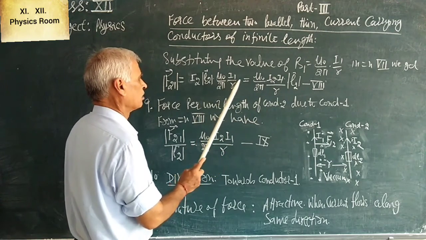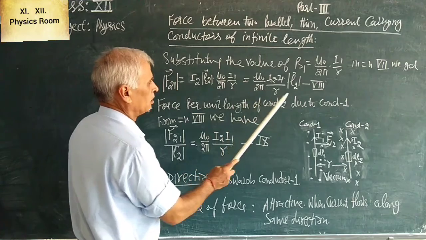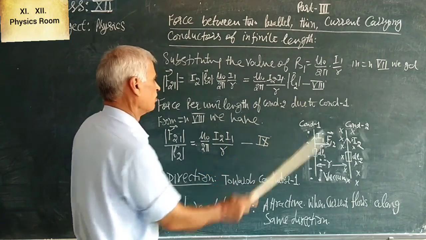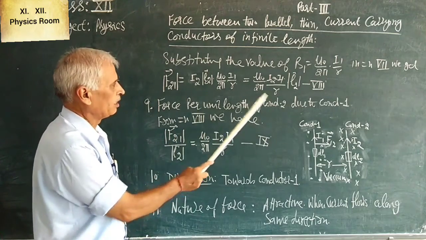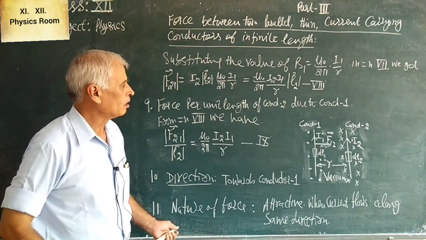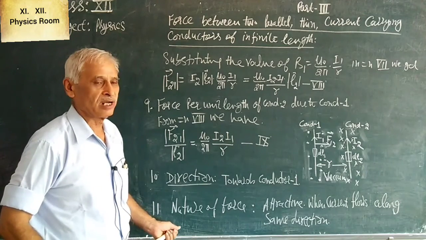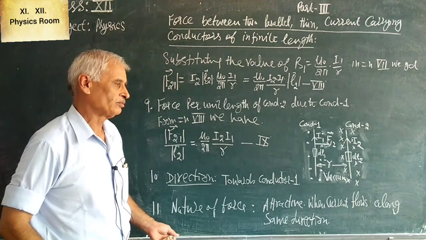Let us mark it as equation number 8. This equation number 8 gives us the magnitude of the force on section L2 of conductor 2.